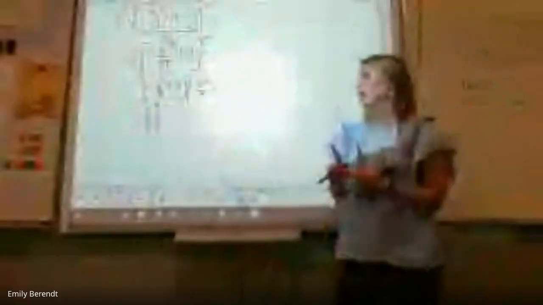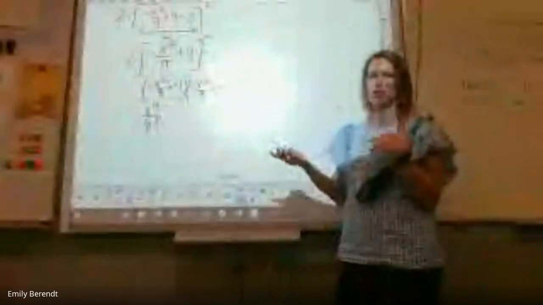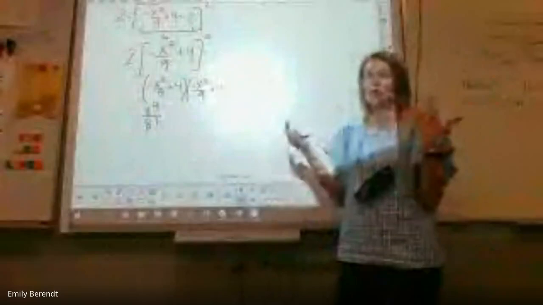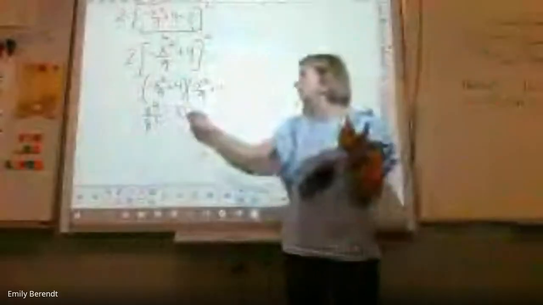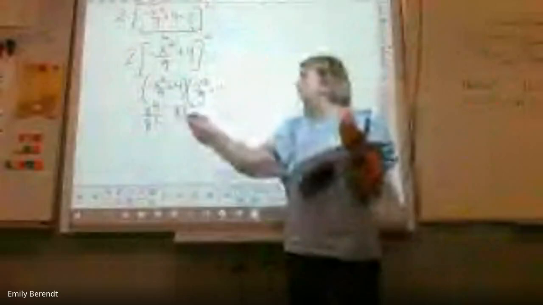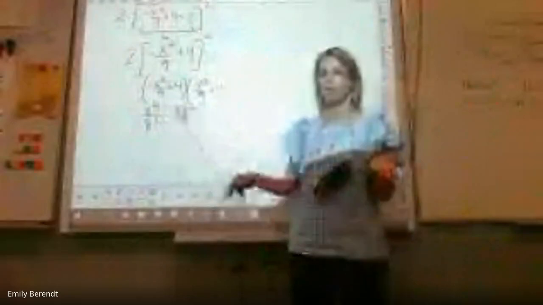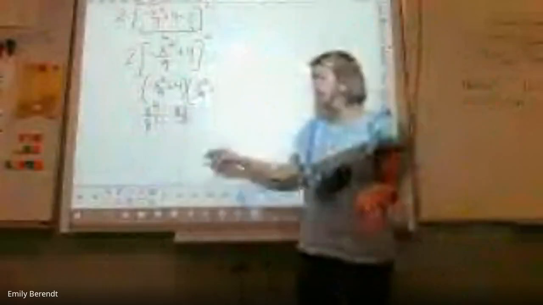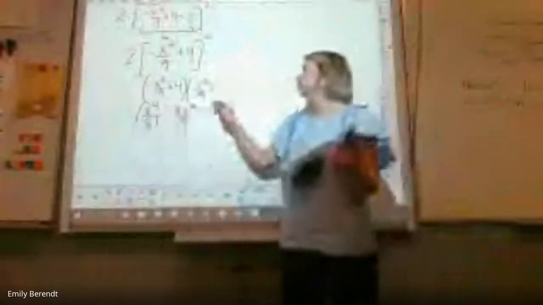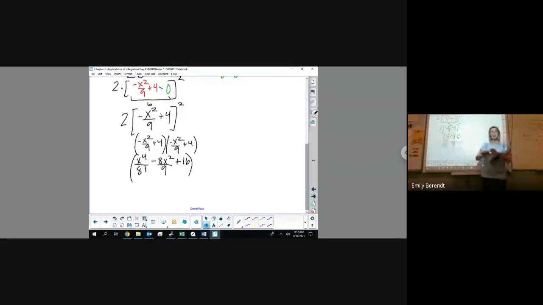The outer and the inner both give you a negative 4x squared over 9, which gives you a total of negative 8x squared over 9. And then the 4 times 4 gets us plus 16. So that's the side of the base, now squared.